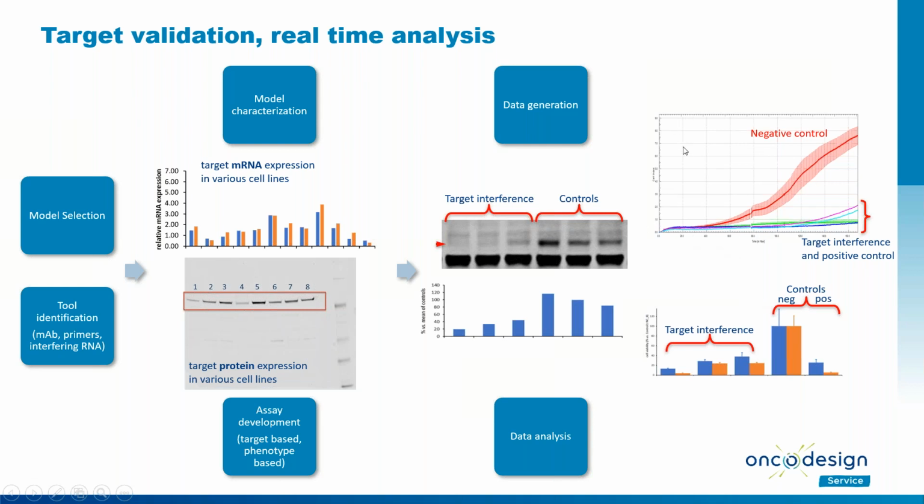And you have here on the right-hand side a real-time growth curve showing in red the negative control, in blue the positive control, and in pink, light blue, and green all the targets that produce an impact on proliferation.